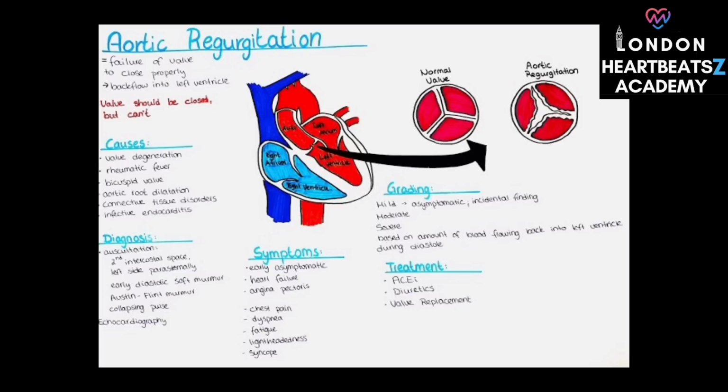The enlarged left ventricle demands more oxygen, but it might not get enough. Also, the diastolic blood pressure in the aorta can be lower, reducing blood flow to the coronary arteries that supply the heart muscle itself. And as we talked about before, some patients might have underlying coronary artery disease. So a lot to contend with.